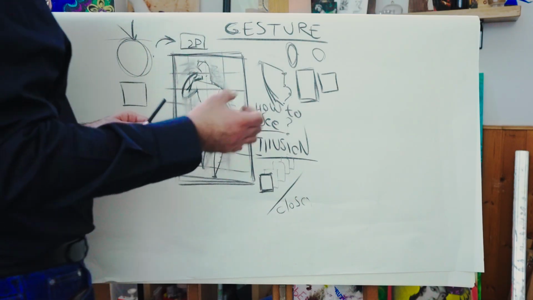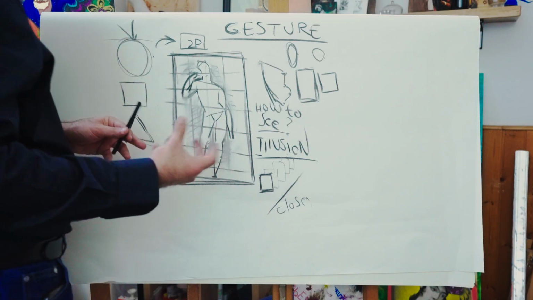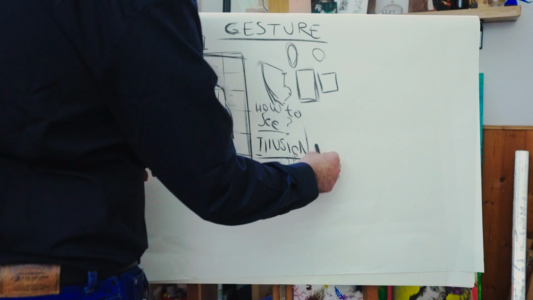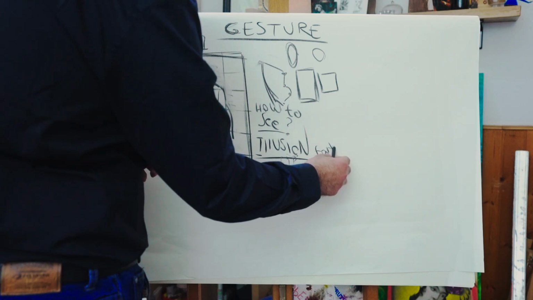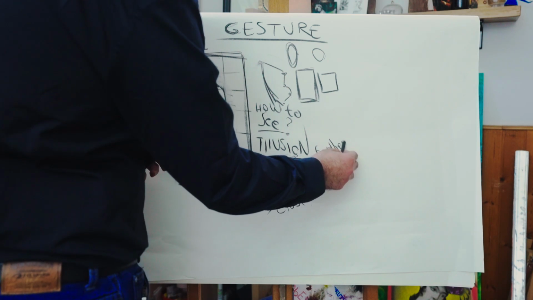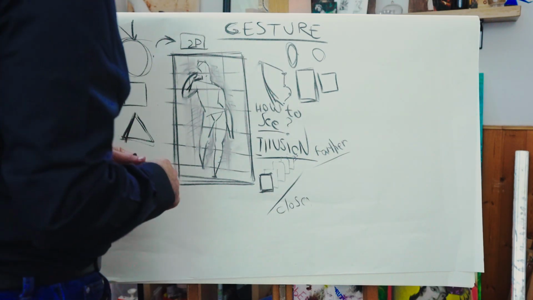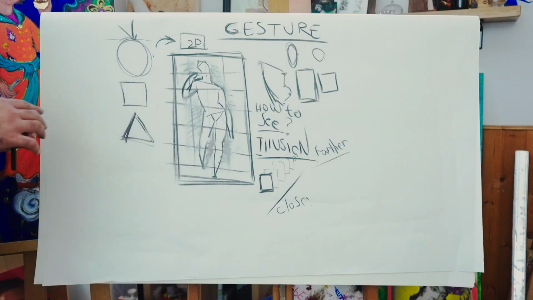And everything that's tinier, smaller, and lighter appears to be farther from us. And this is a trick to create illusion. Okay? This is one of them.